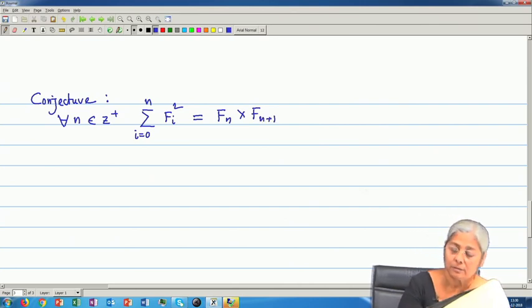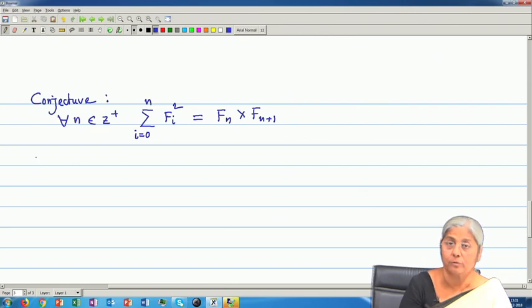So, first we see the property, what will be the sum of squares of n Fibonacci terms, and we get this formula.